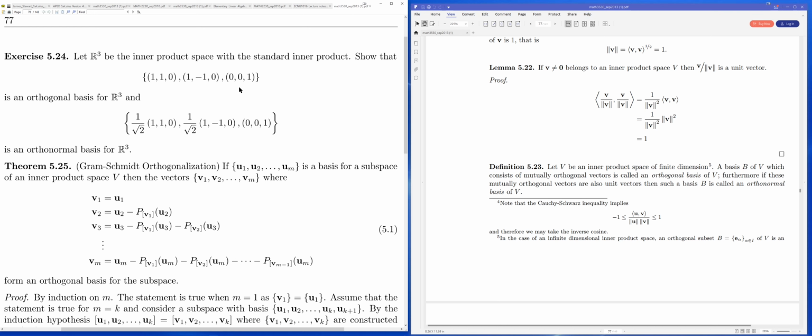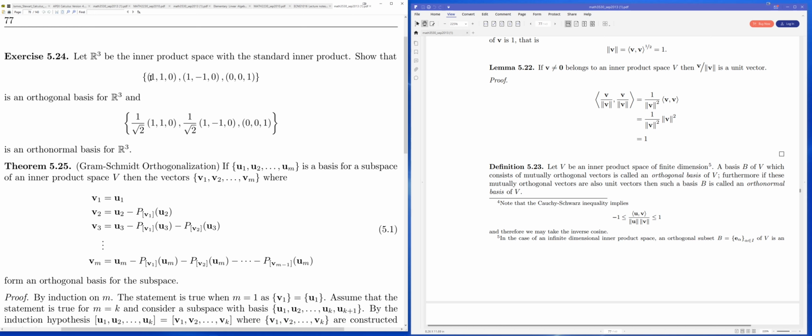So for this basis, it takes some work to show that it is in fact a basis, to show that it is linearly independent and it spans, but you saw how to do that already. Once we know that this is a basis, to show that it is an orthogonal basis, you just check that the dot product of any two different vectors is 0, using the standard inner product.